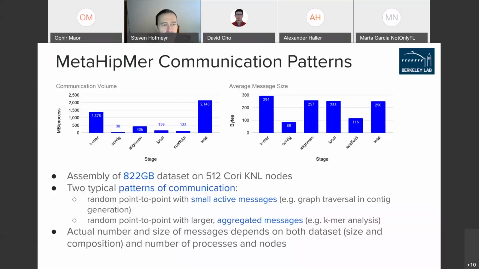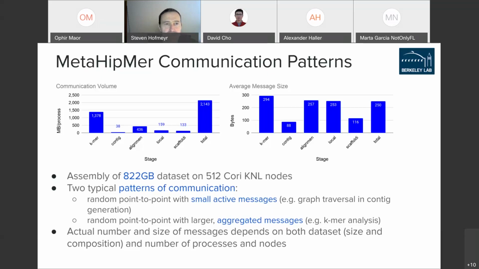If you are running a large data set on not so many nodes, then you can do a lot of aggregation, because each process will have more data destined for remote ranks, so it'll be able to send bigger chunks at once. If you have more nodes, then you'll have smaller message sizes.